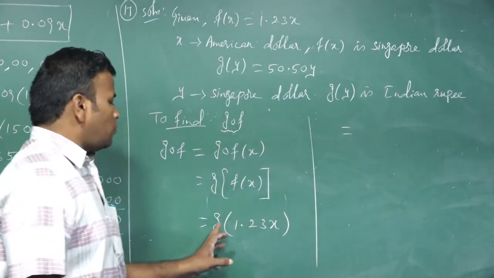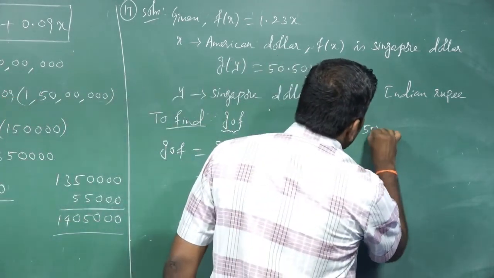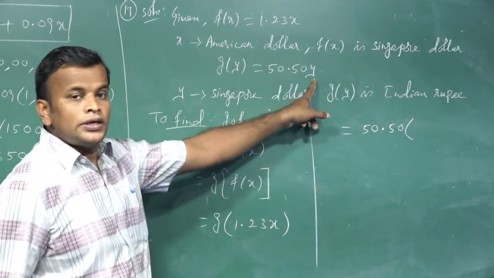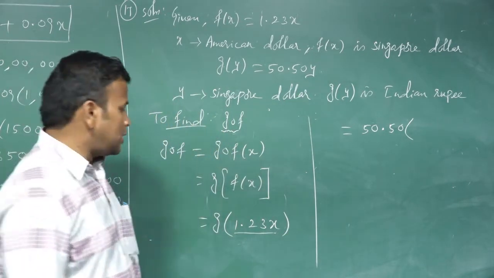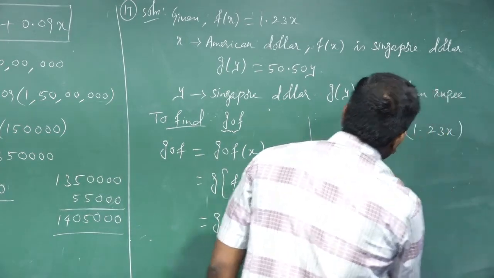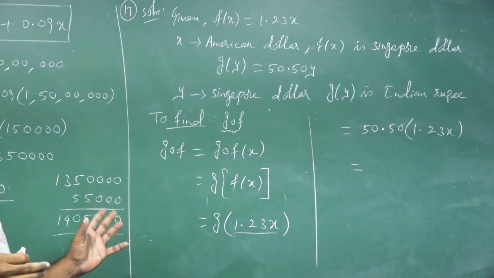Therefore, how to write g of 1.23x? We write it is 50.50. If y is there, we replace y. In place of y here, 1.23x. So we write it is 1.23x. Then we multiply these two terms. That is, what is the multiplication term?